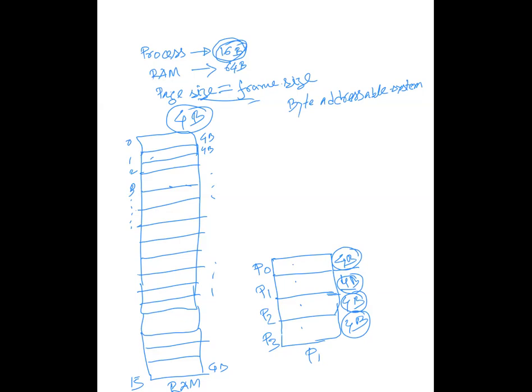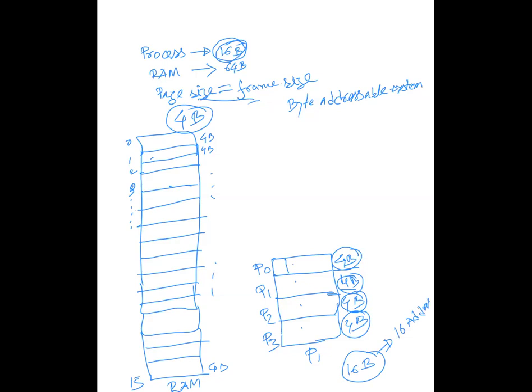Here there are 4 bytes. So this is your 16-byte process, and each of the 16 bytes requires a unique address, 16 addresses.